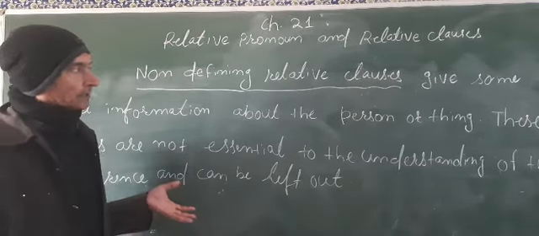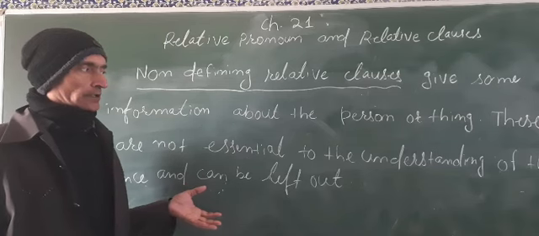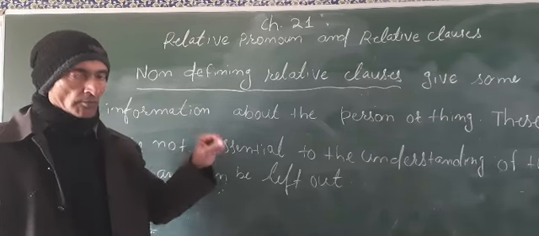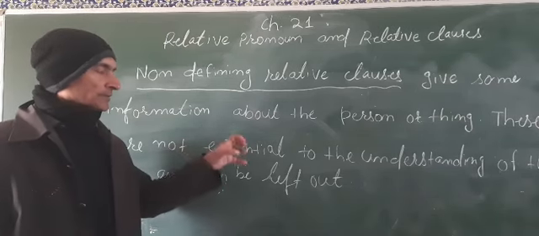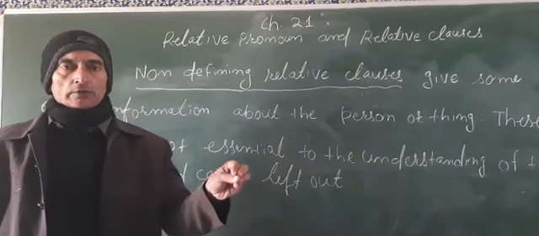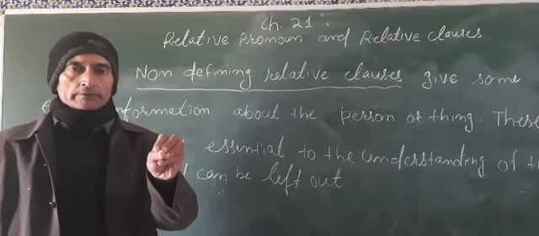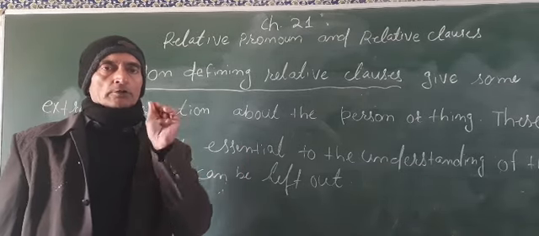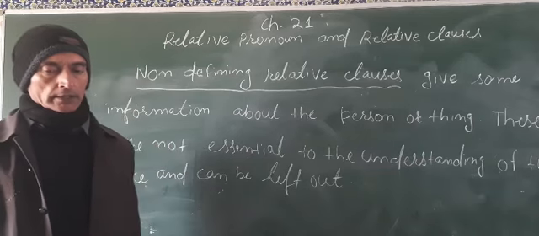With non-defining clauses, we put a comma between the subject and the non-defining clause, and where it ends we put a comma again.